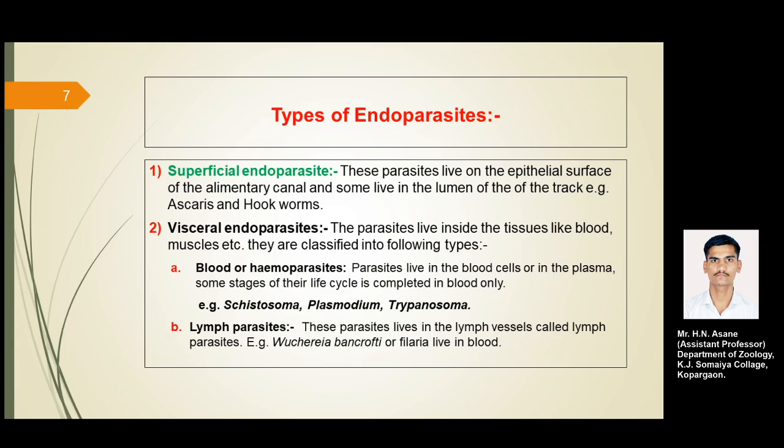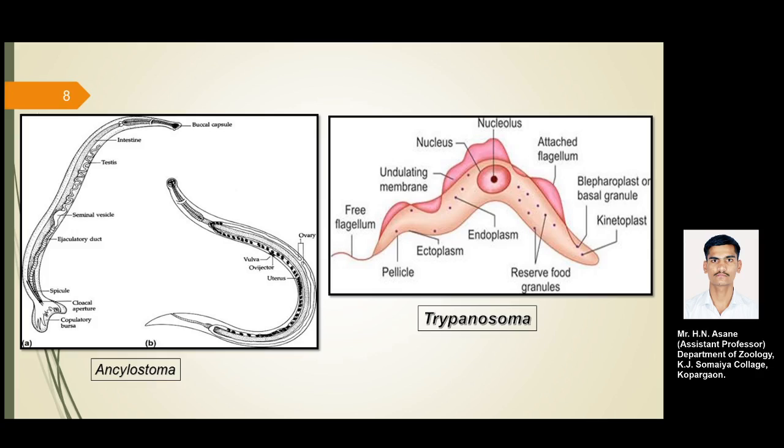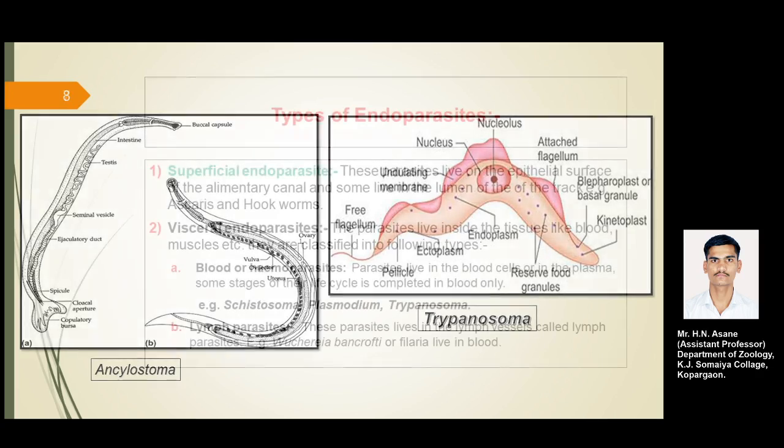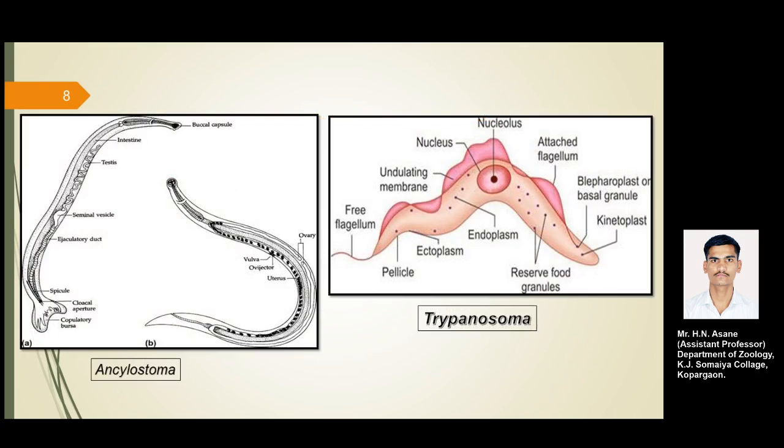So the third type. So these are the two types, the blood hemoparasites and the ancylostoma, which resides on the surface of the gut, the epithelial surfaces.